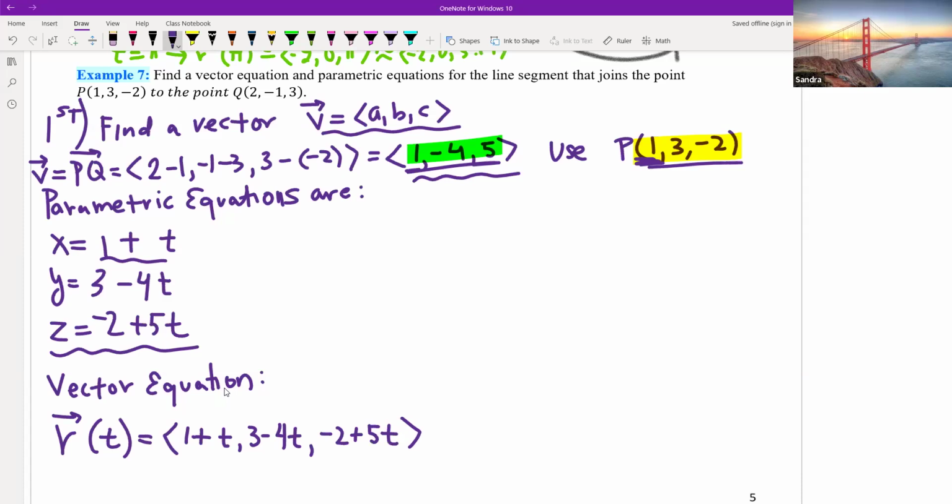And so then that's it. That will be your vector equation.